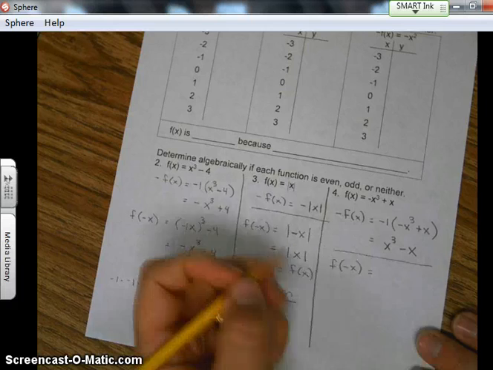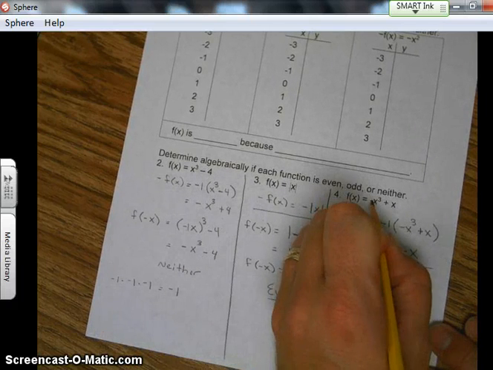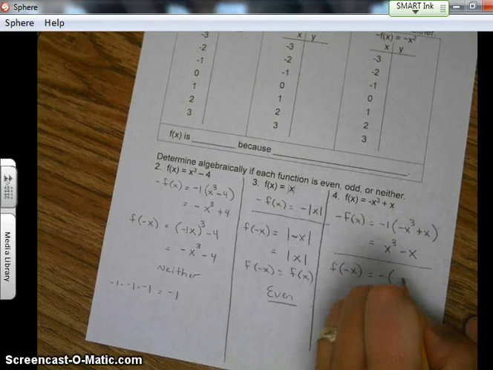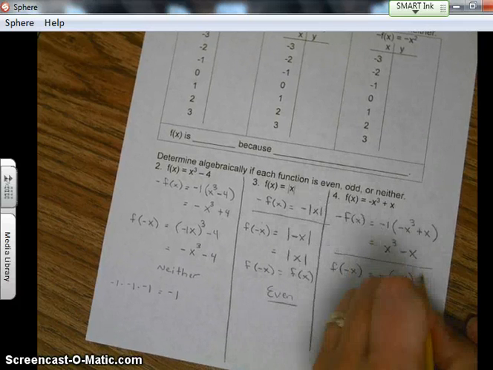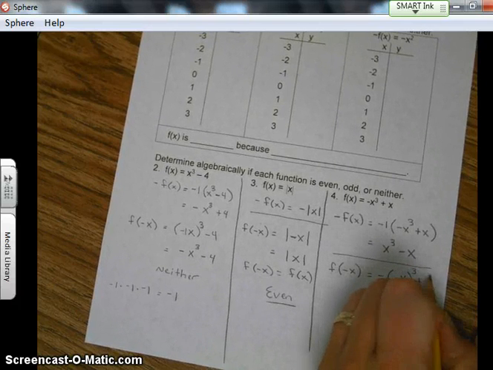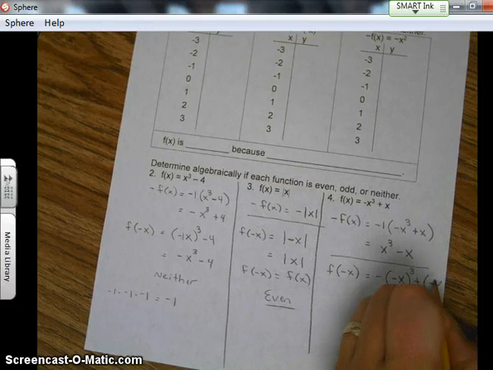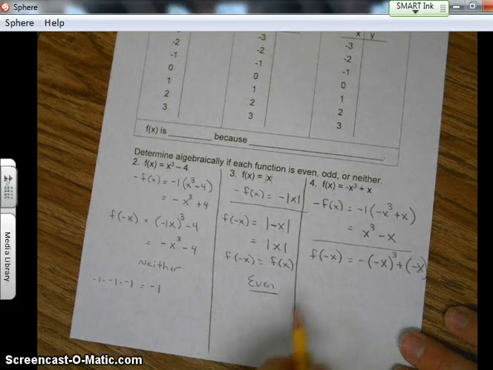Okay, so now this is where you've got to be careful. So negative, then we plug negative x in, cubed, plus, and then we plug negative x in, and then we simplify.